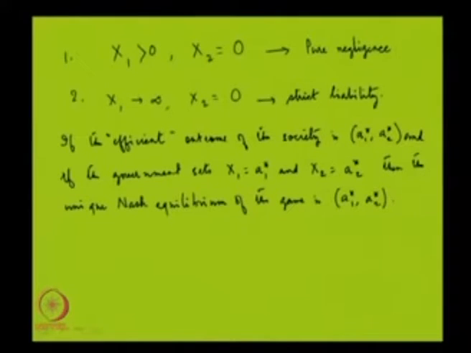So, what is being said is the following: suppose for the society A1 star and A2 star is the best possible outcome, and the government knowing that A1 star and A2 star are the best, sets x1, the threshold level of care by player 1, to be equal to A1 star and the threshold level of care by player 2 to be A2 star.